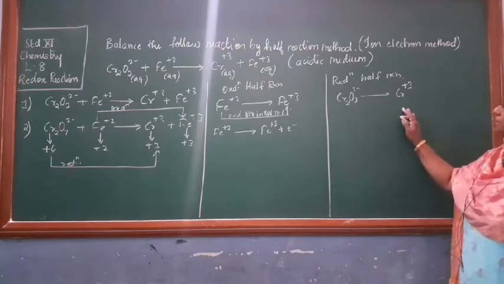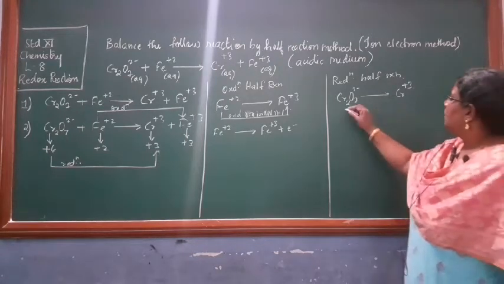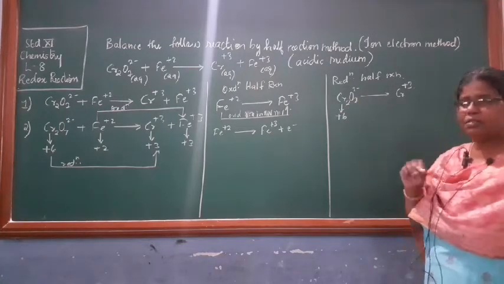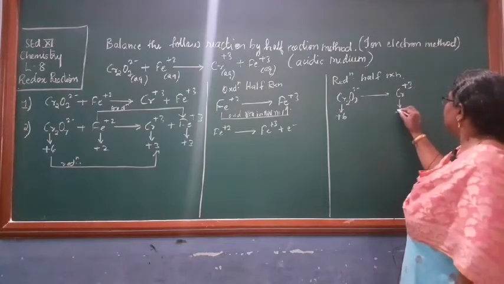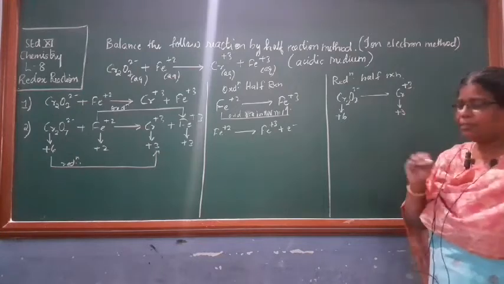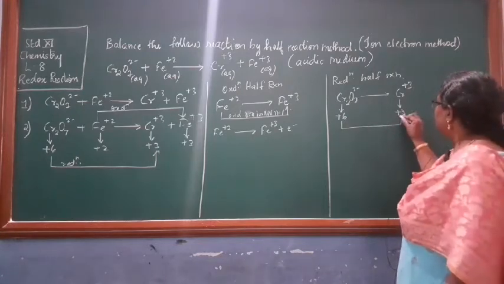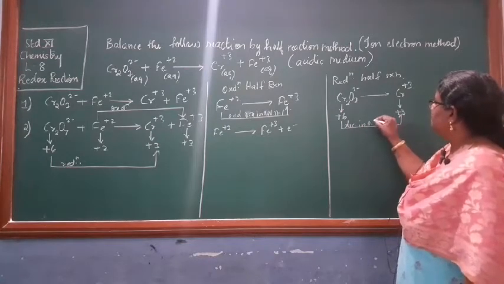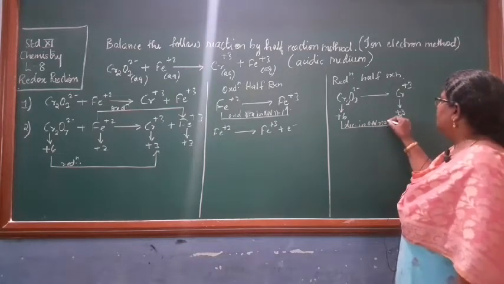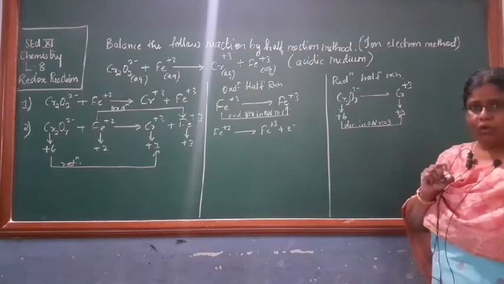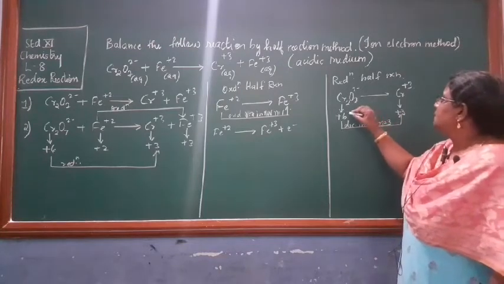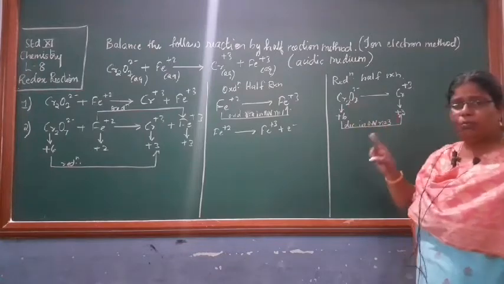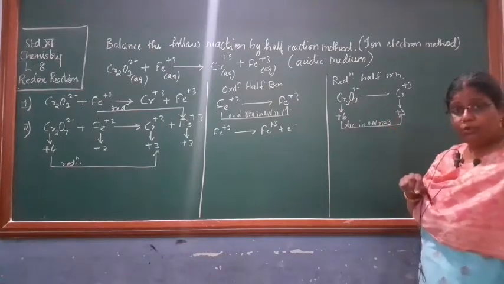Now come to our reduction half reaction. What do I have? The oxidation state of chromium is plus 6. Here you have the oxidation state of chromium plus 3. So there is a decrease in oxidation number, n will be equal to 3. Got it? But this decrease in oxidation number is for 1 chromium atom, and here we have 2 chromium atoms.